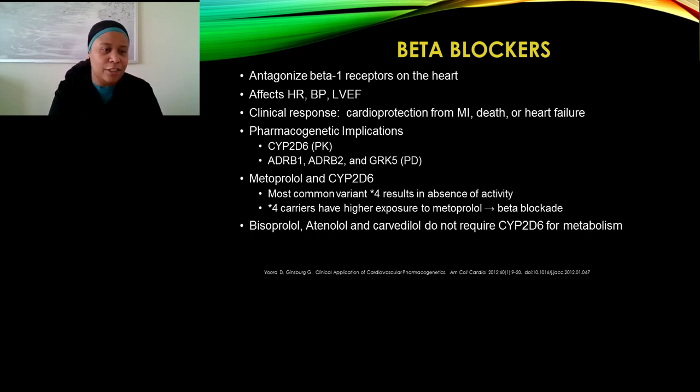So looking at which medications for patients that are going to have the variant, and the most important variant in this CYP2D6 is the star 4 allele. In the absence of this activity, patients have had a higher exposure to metoprolol, and they have had decreased heart rate that has taken them back into the hospital.